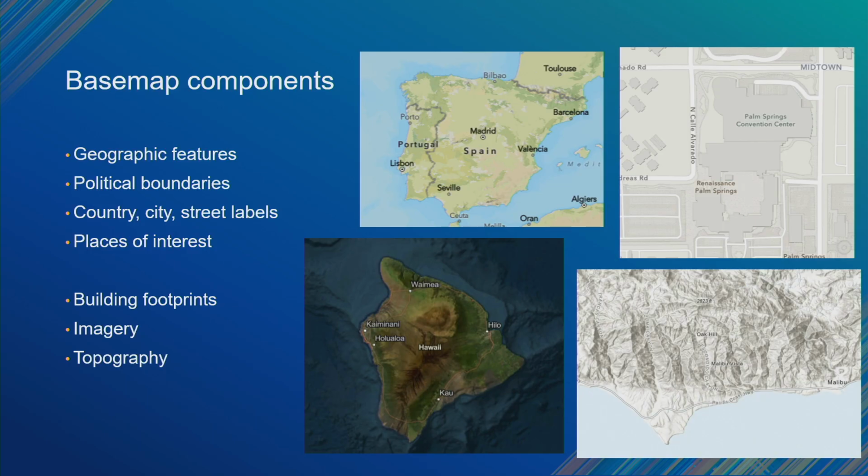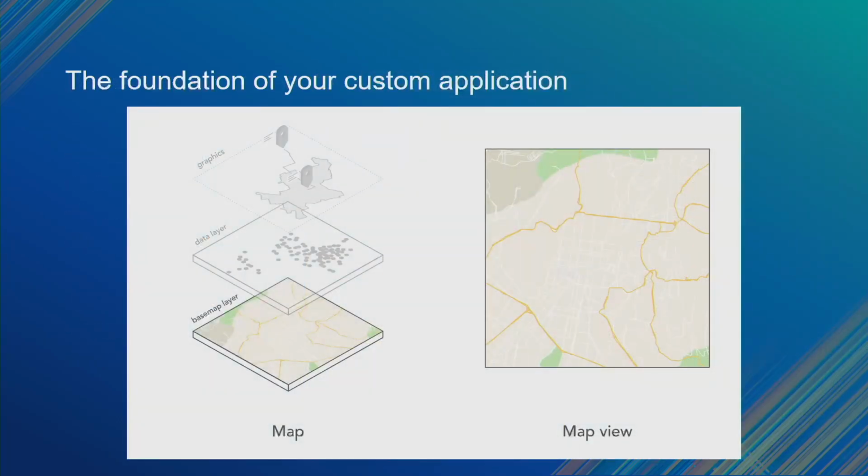There's really a wide variety of data available, and sometimes they also include places of interest or restaurants. Regardless of the basemap you choose, it forms the foundation of your custom application. As a developer, you're probably going to be building custom applications, perhaps using our Maps SDKs. You're going to want to load your own data on top of it, or load your own location services, make your own service requests.